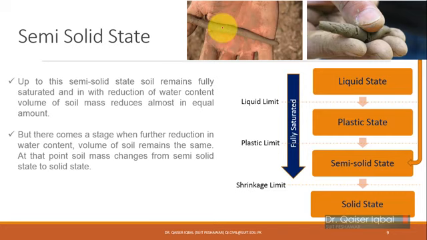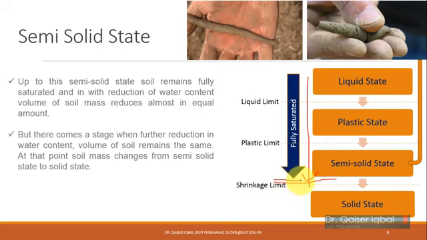There are no air voids over here. So if you are reducing the amount of water, it means you are reducing the volume of the soil sample. Up to semi-solid state, by reducing the moisture content, not only the state will be changed, but the volume of the soil will also be changed, because the soil is fully saturated.